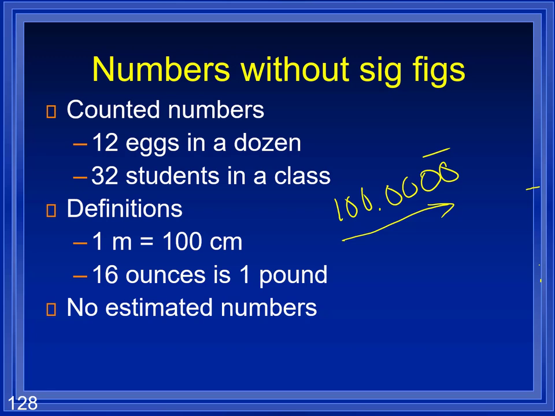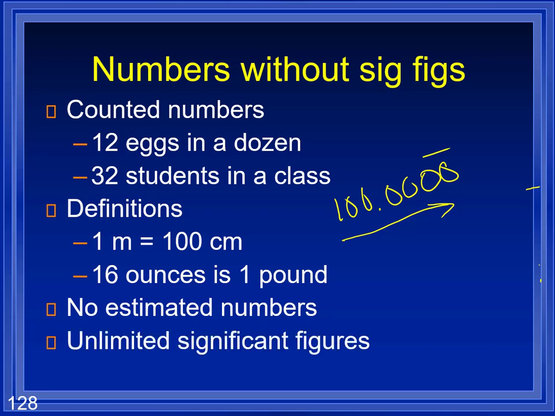So these, we would say, have unlimited sig figs. So these are not going to be what determines the sig figs in your answer. It's going to be something else. Actually, a measurement's got to limit your sig figs. That's what limits sig figs, is that they're measurements.